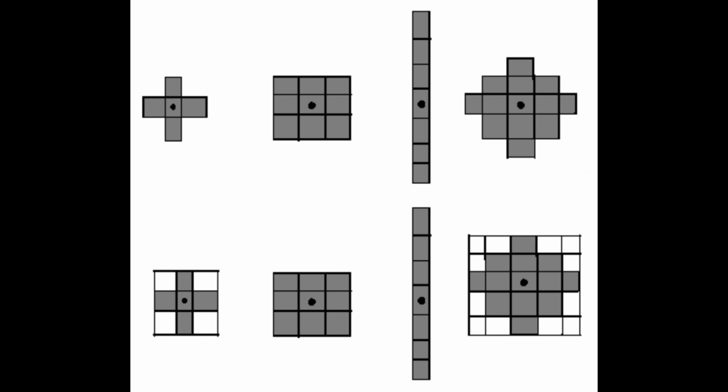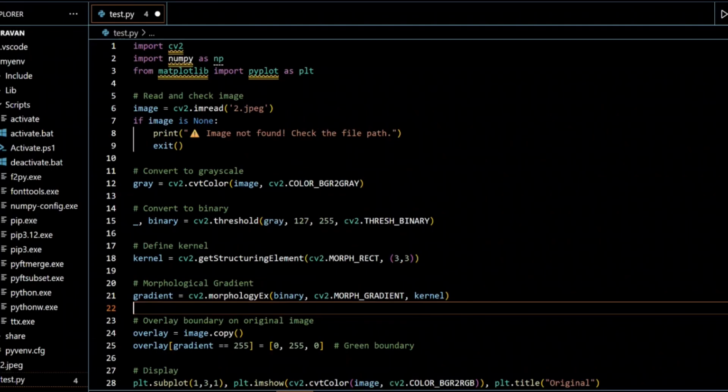The resulting image G is called the morphological gradient image. It contains pixels only along the object boundaries. All other internal and external pixels are removed. This means the morphological gradient provides the precise outline of the object, combining both internal and external boundaries in one result. In the figure, the rightmost image clearly shows the boundary formed by the subtraction.